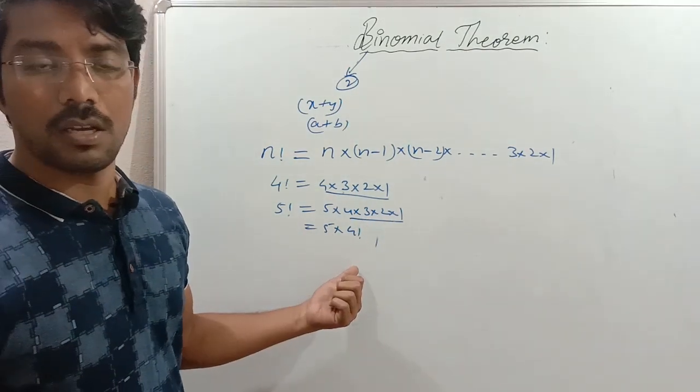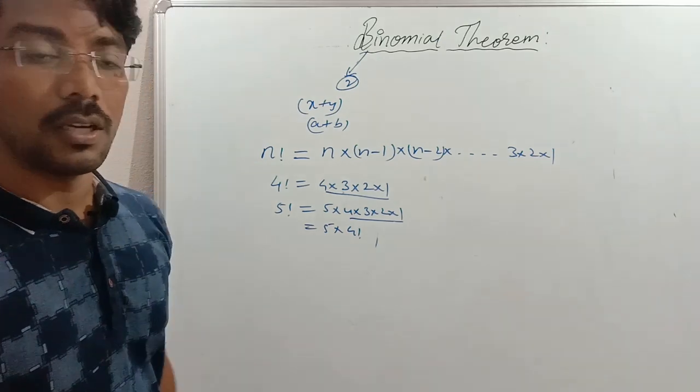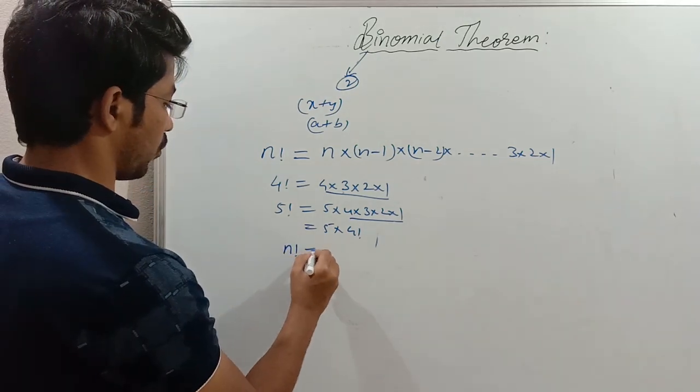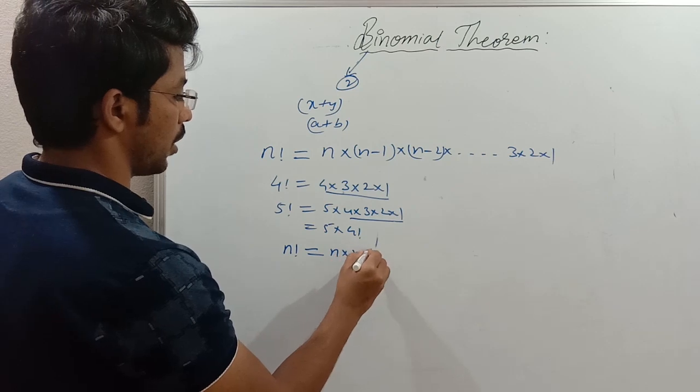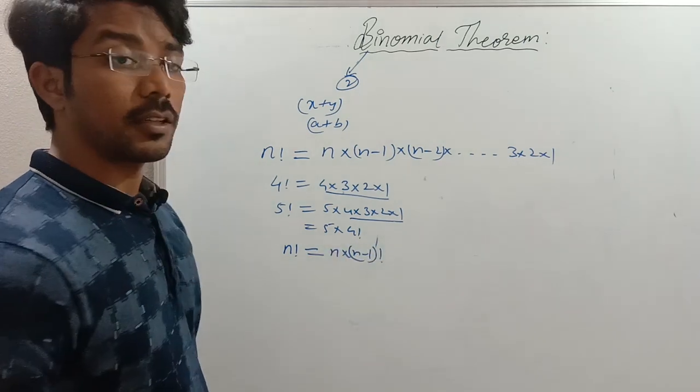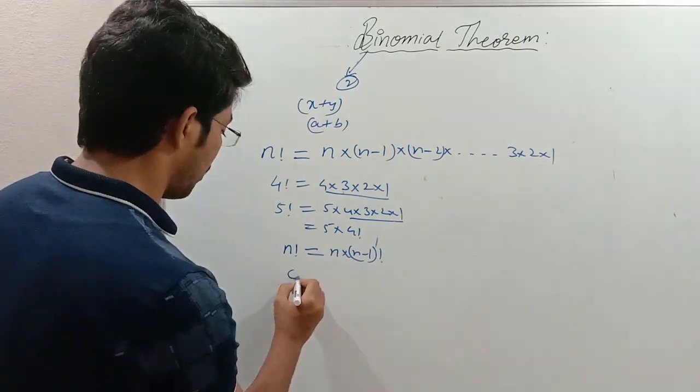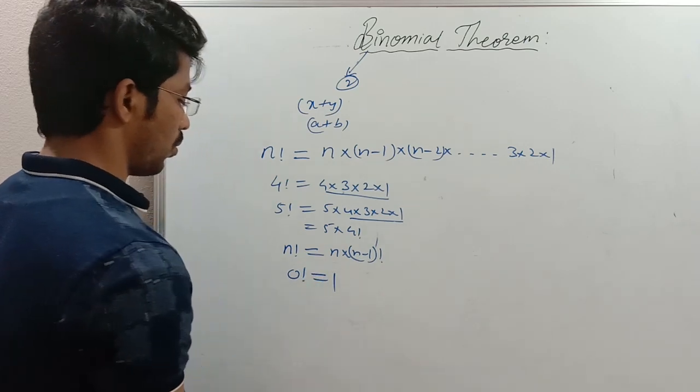Based on this, we have some important results. n factorial is equal to n into n minus 1 factorial. Another important result we have to remember: 0 factorial is equal to 1.